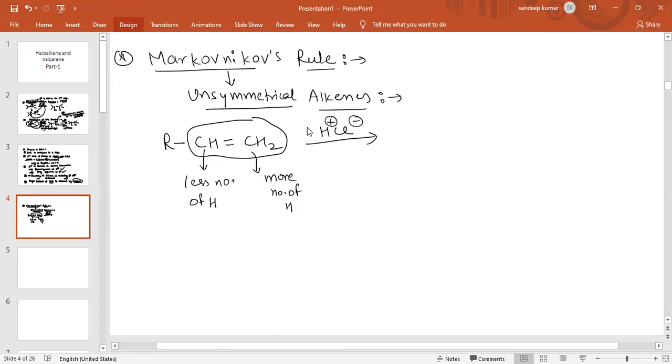According to Markovnikov's rule, the negative part goes with the carbon with fewer hydrogen atoms, and the positive part goes with the carbon with more hydrogen atoms, and the double bond converts into a single bond.